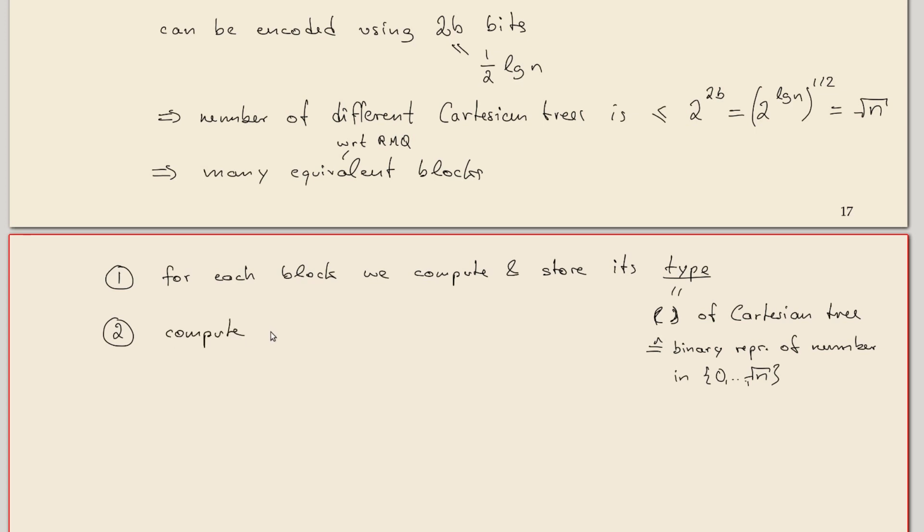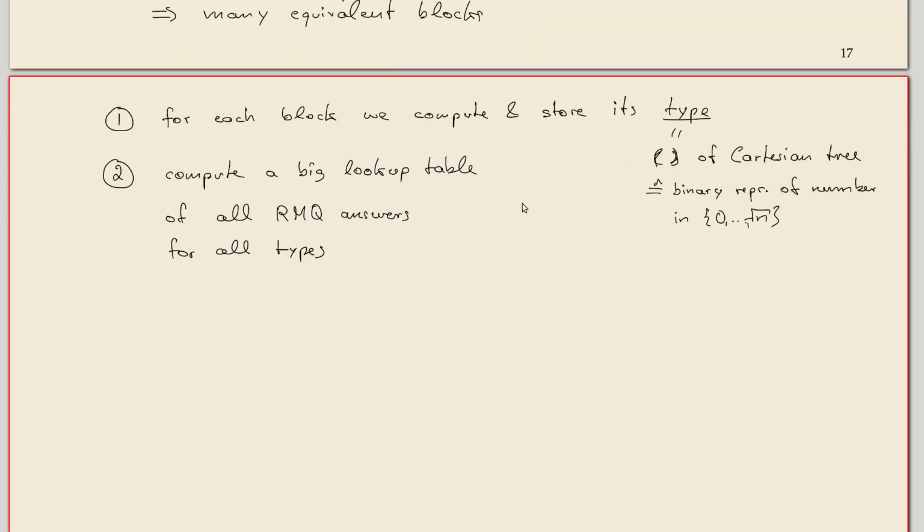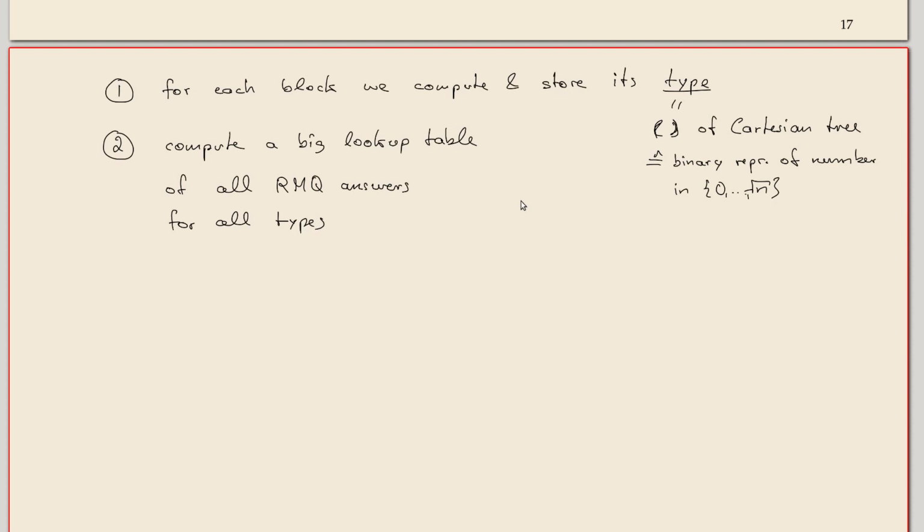And the second thing is, compute a big lookup table of all RMQ answers for all possible types. So what this will look like is, there's a block ID. That's this thing.